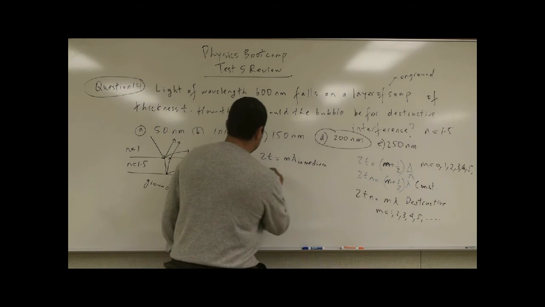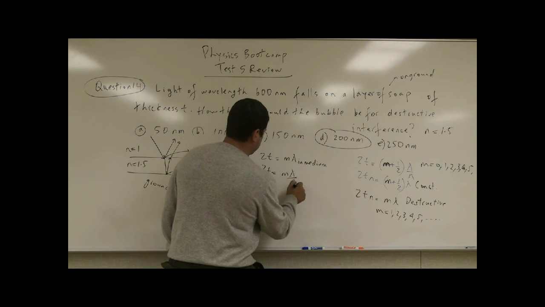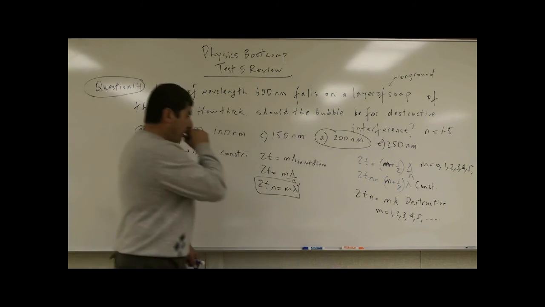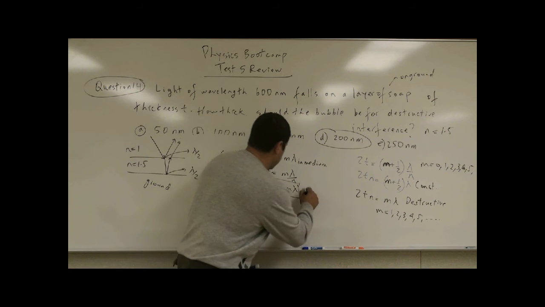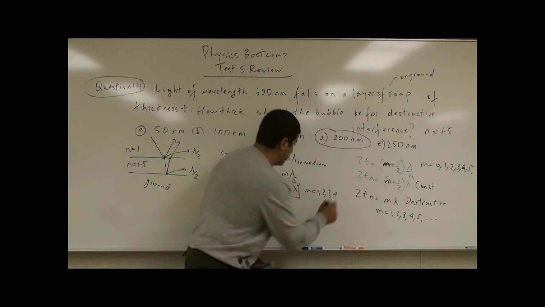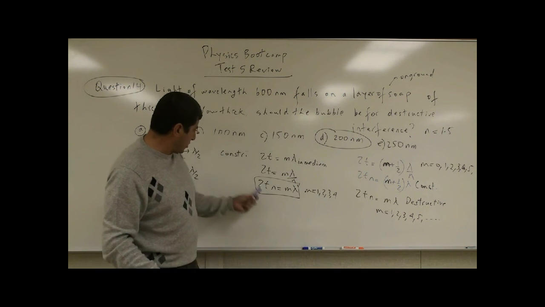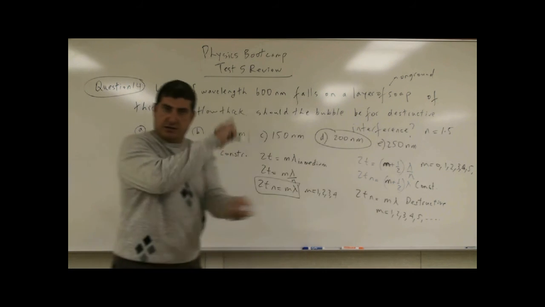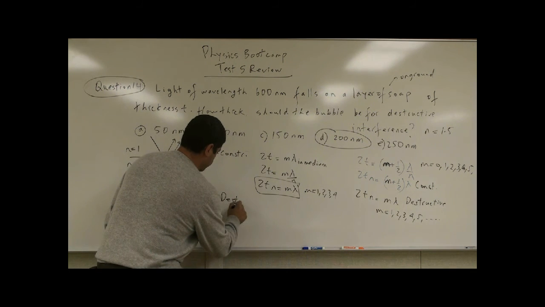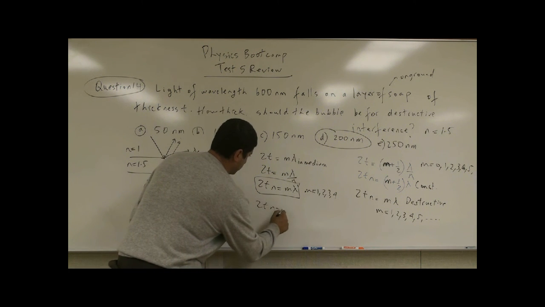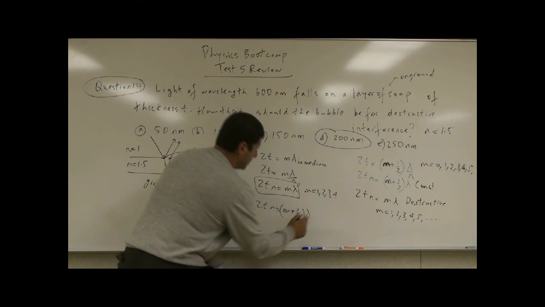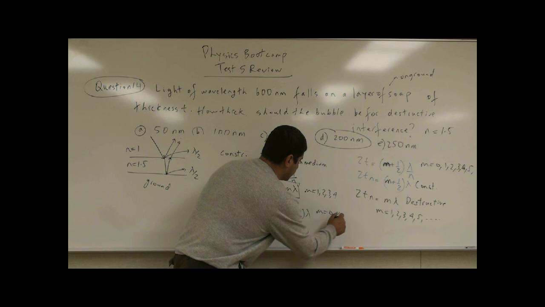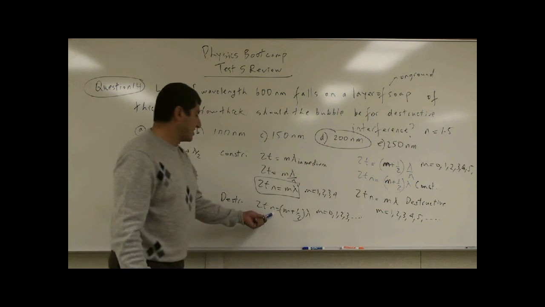So this is going to be, again, 2t is equal to m lambda over n, and then n goes over there. 2tn is m lambda. And then m is 1, 2, 3, 4. Now notice what happened. This time it's constructive. It's the same equation as for the other one, destructive. And then the opposite happens. For destructive, you have 2tn is equal to m plus half lambda. Same equation as that one. And then m is going to equal 0, 1, 2, 3, so on, so on. And that's going to be destructive.